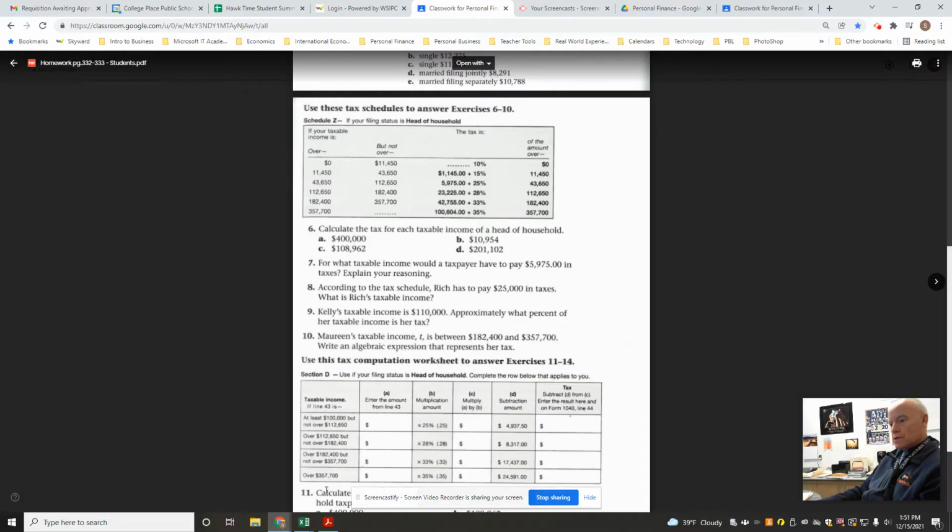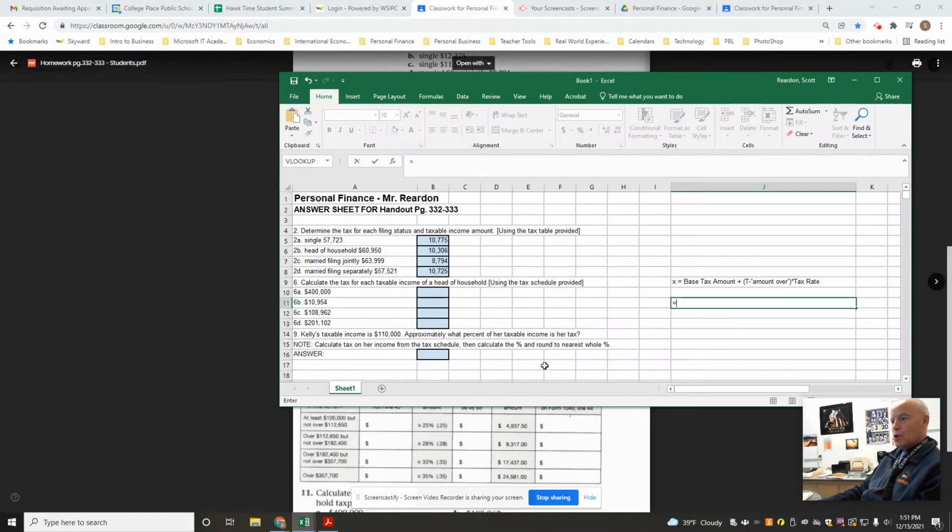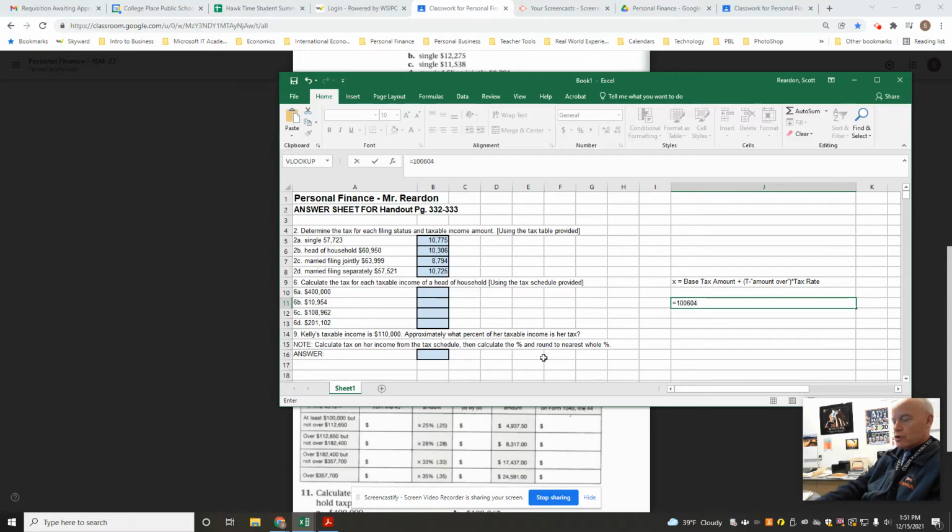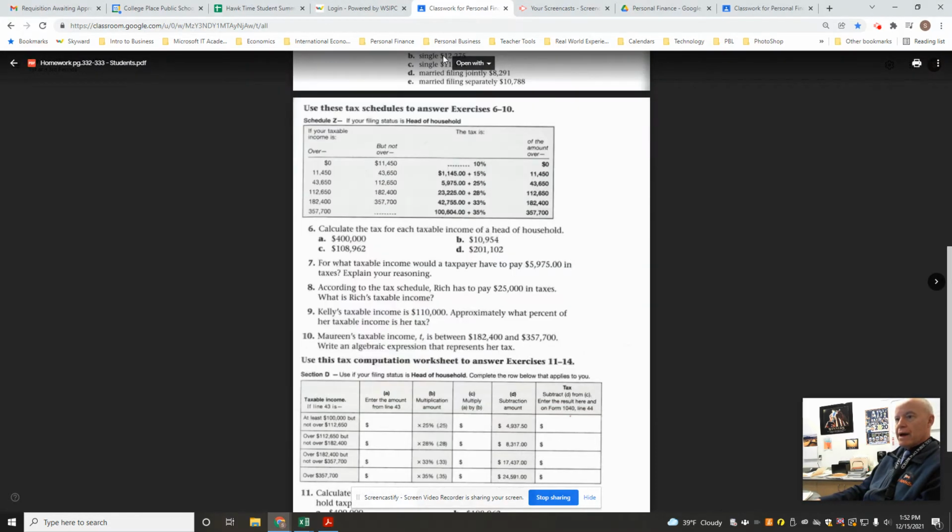So down here, I'm going to say 100,604, and like the formula shows above, plus left parenthesis, T is my taxable income that was given, 400,000, minus the amount over.